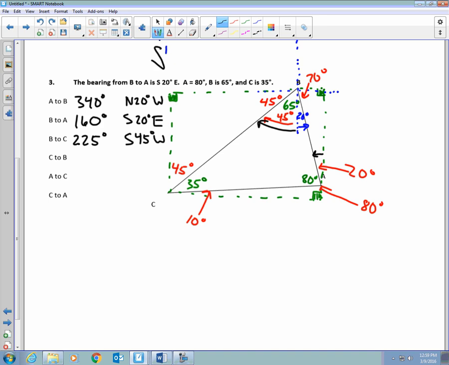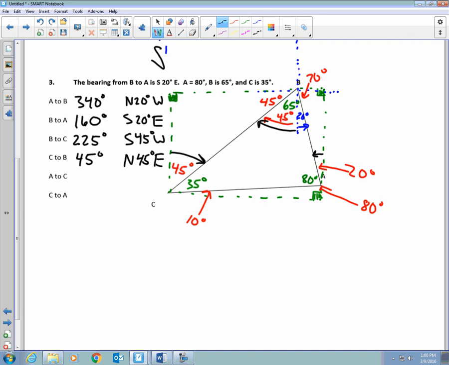C to B. North, east. Travel 45 degrees to the east of north. 45 degrees. Are you checking to make sure that things line up as you go? 180 and 180, same but opposite directions.